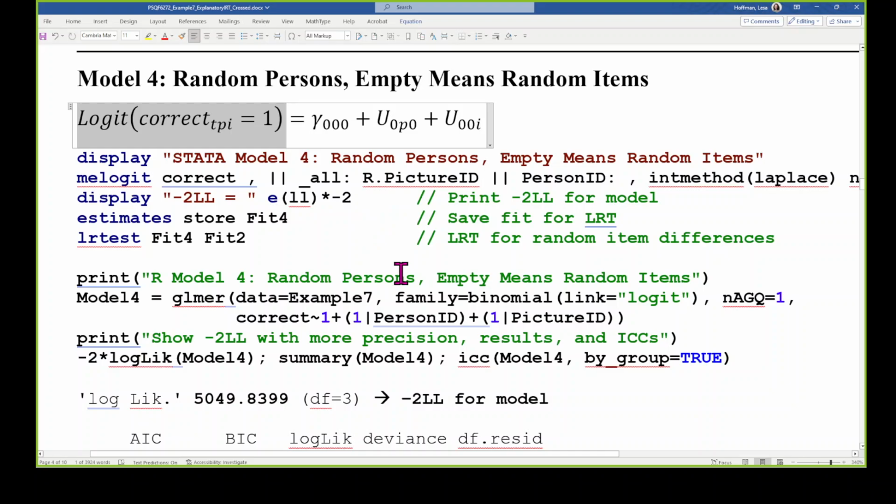So to fit this, we have to do the weird all R dot thing in Stata that we had to do before. I put picture ID on this version of it because it only had 36, whereas I have 155 people, and it's supposed to be more efficient estimation if you make the smaller dimension the one that does it this way. So each item gets a random intercept deviation in this model.